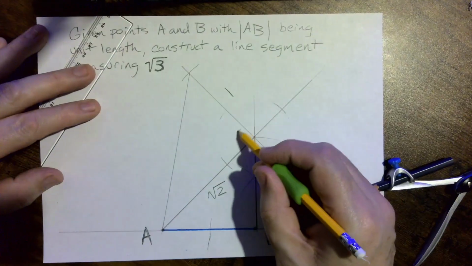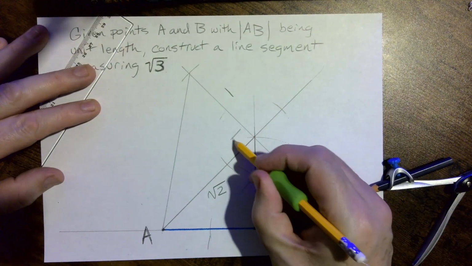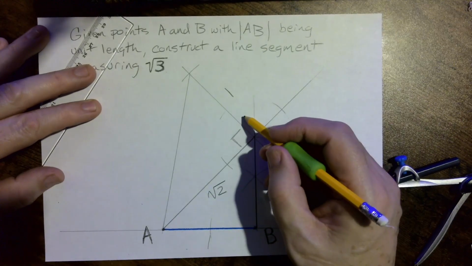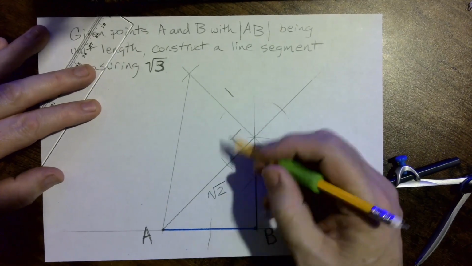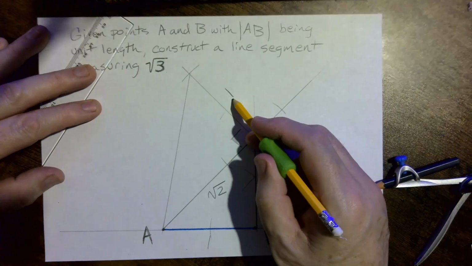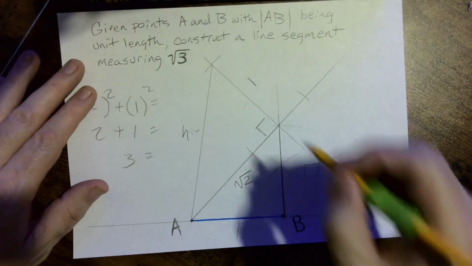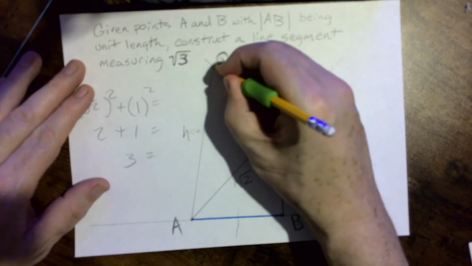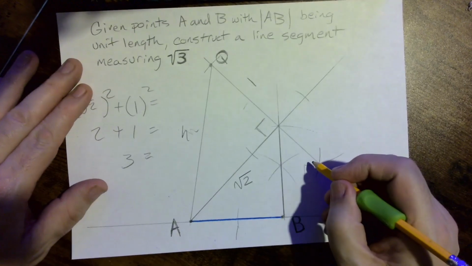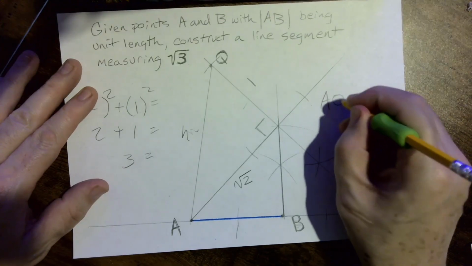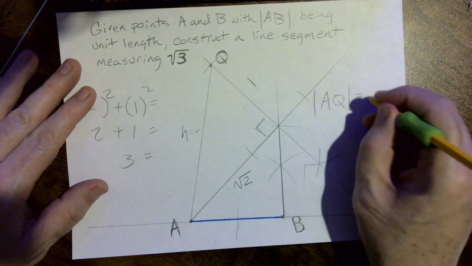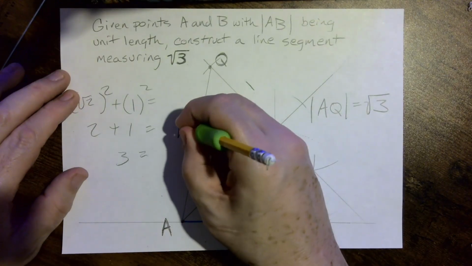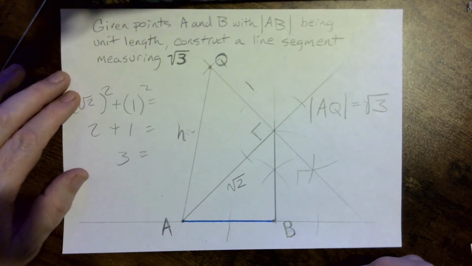Here we have a right trigon with a leg that's square root of 2 and a leg that's 1. Let's give it any name, call that point Q. AQ equals square root of 3 by the Pythagorean theorem. Right there.